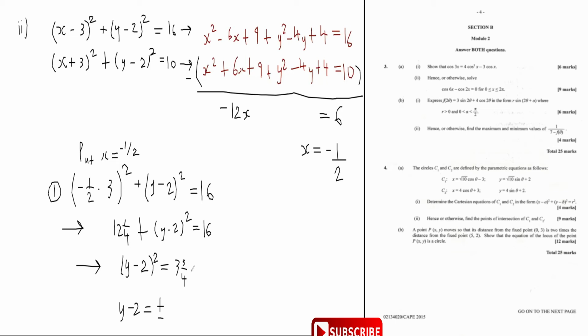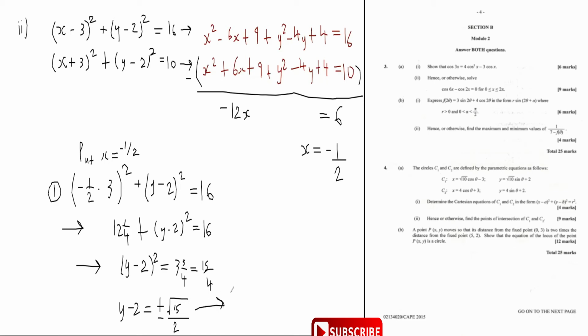I'm not going to write 3 and 3/4. This is 15 over 4. So it is plus or minus the square root of 15 over 4, which is the square root of 15 over 2.